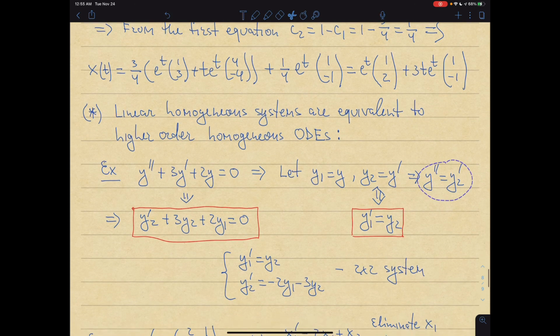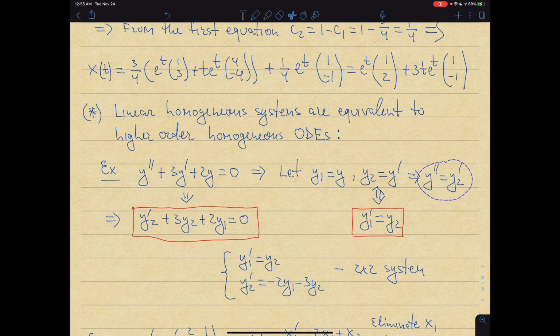Then I can go back and replace the derivatives in my ODE with what I know about y2. So y double prime is y2 prime, y prime is y2, and y is replaced by y1, and my equation now looks like this. What I got now is two first-order ODEs: one first-order ODE for y1 and a second first-order ODE for y2.